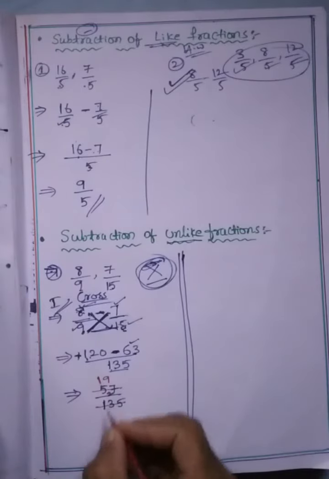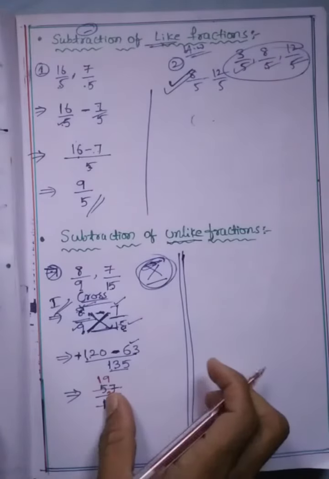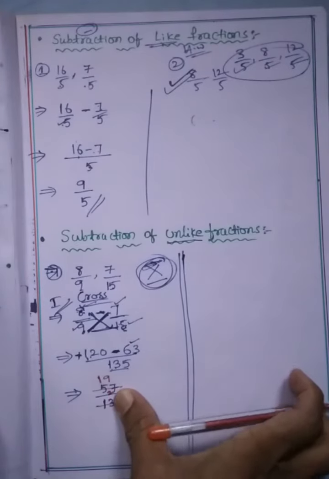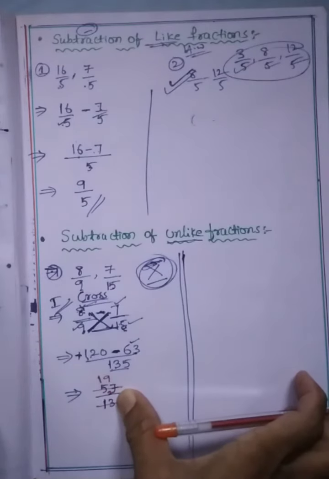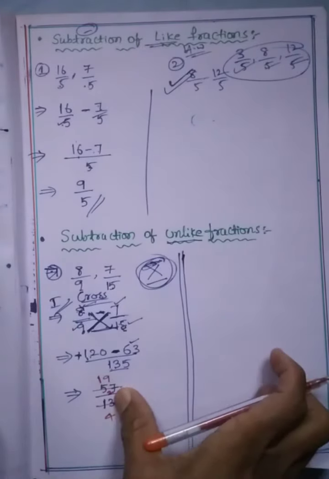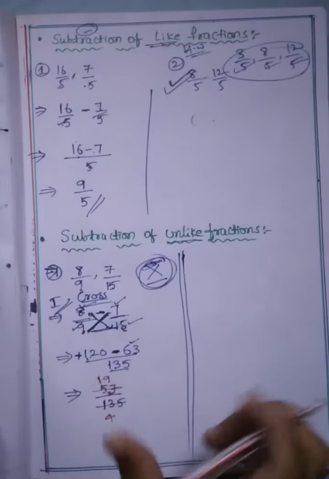Now in the same process, 1 doesn't come in the 3 table, so take the 2 digits 13. How do you cancel this 13? 3 ones are 3, 3 twos are 6, 3 threes are 9, 3 fours are 12, but 13 is there. 1 remains.